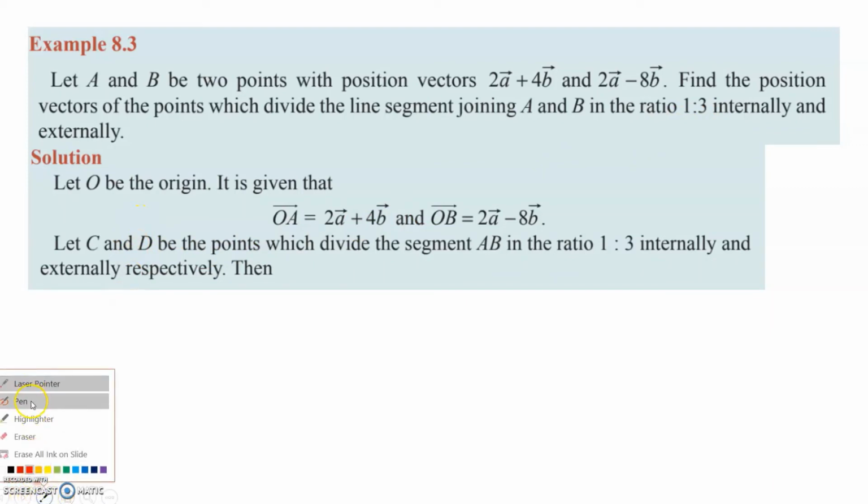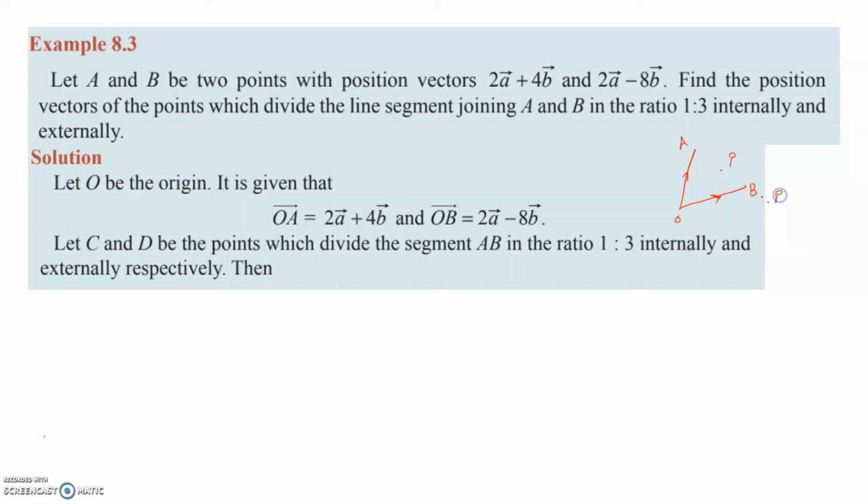So let's say that this is OA and OB. So we have to now find the point P, one which divides it internally and the other which divides it externally, and the ratio is 1:3. Okay, right, let's proceed.